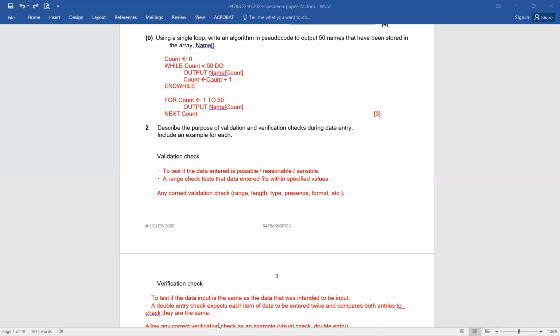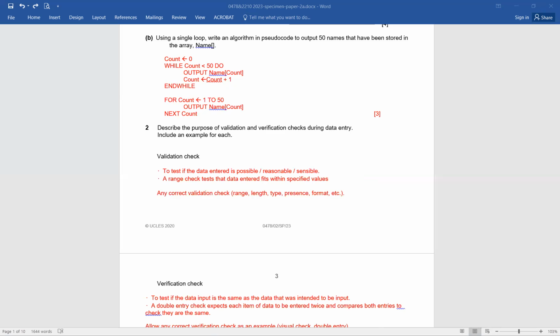So if a student has written double entry, that's perfectly okay. He will score marks for that if he has described it properly. And if a second student wrote about visual check, that will also be considered a correct answer, because this is also a verification check. They both will score marks because they both have taken the right answer: double entry or screen or visual check.